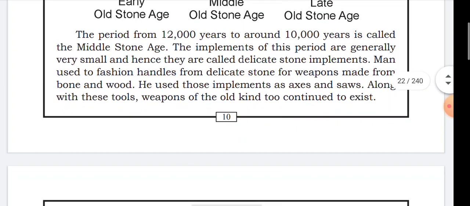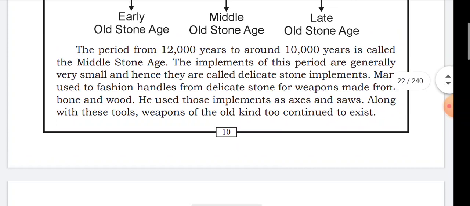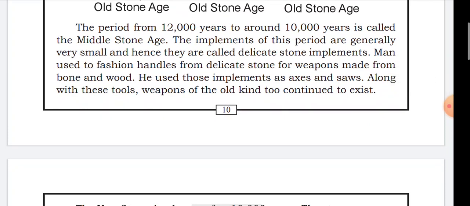Man used to fashion handles from delicate stone for weapons made from bone and wood. That means they made handles for the implements made using bone and wood, fixed these weapons to the handles made of stones, and used them as axes and saws.